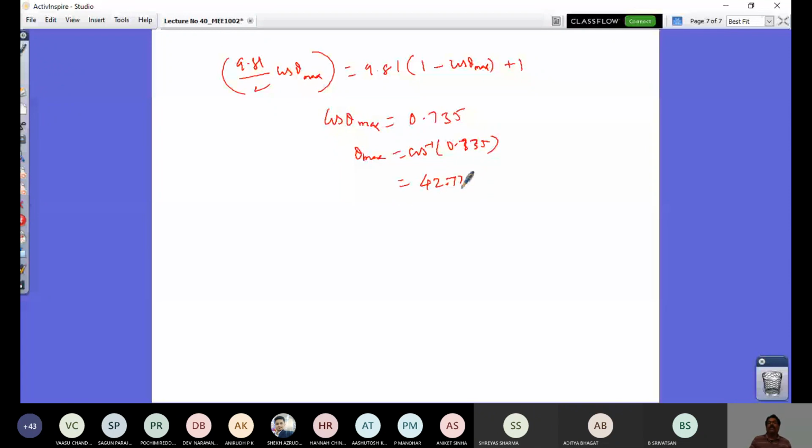So I can of course find out now what is my velocity of leaving. So that's equal to the root of 9.81 by 2 cos 42.72 degrees. So that's going to give me 1.898 meter per second.